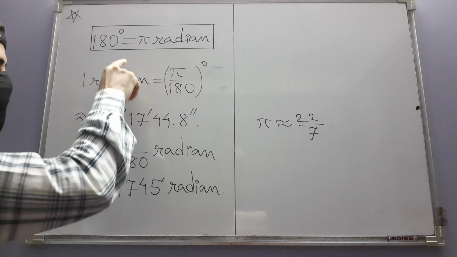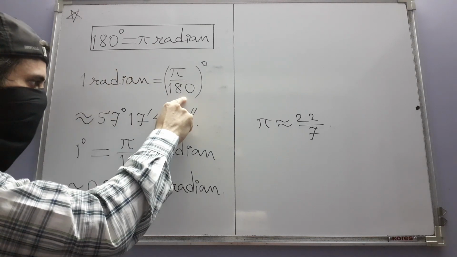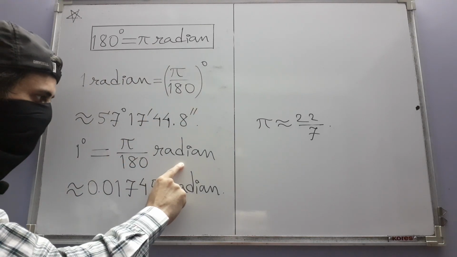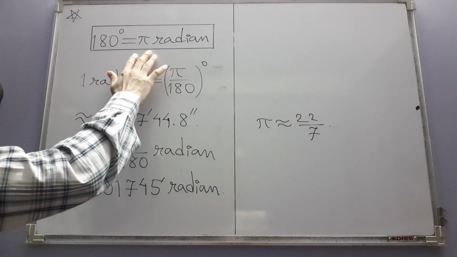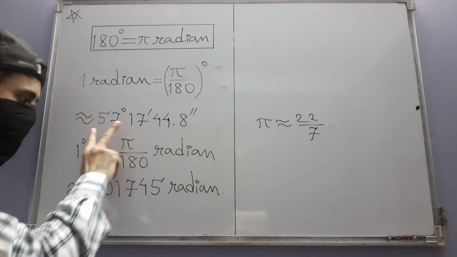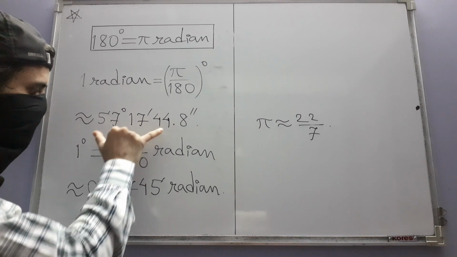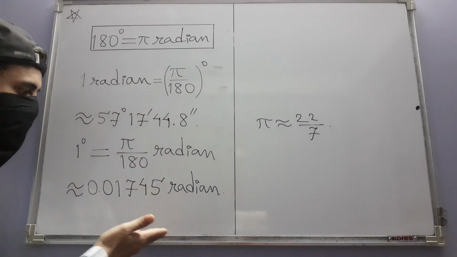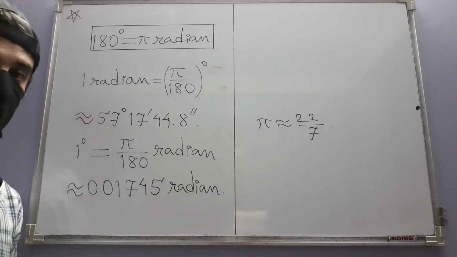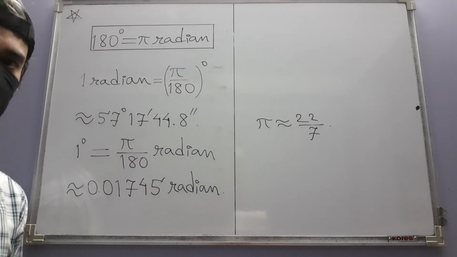Keep in mind, we are going to use this relation and this relation. They are both coming from that same equation, but not the approximate values. These are just values that tell us how much of each unit is in terms of the other, roughly.